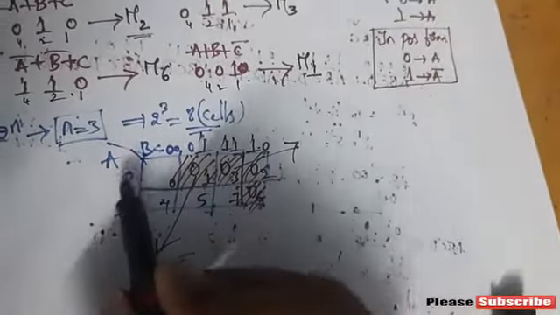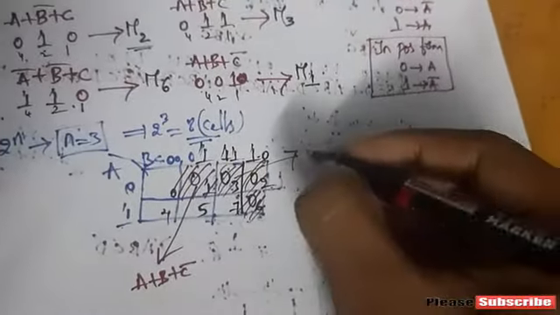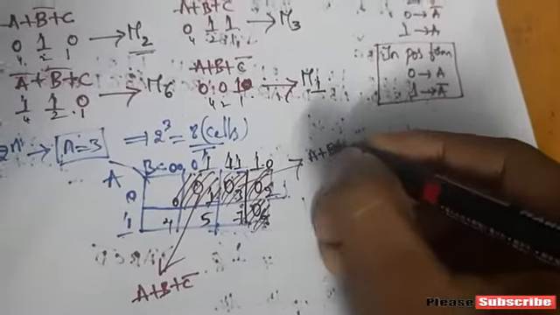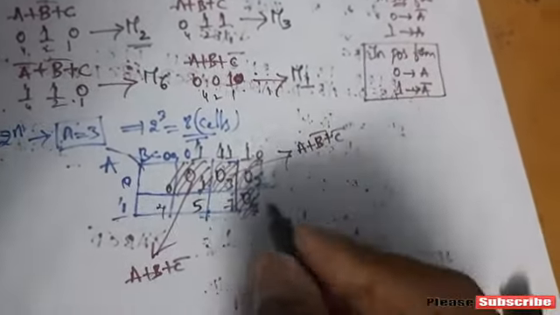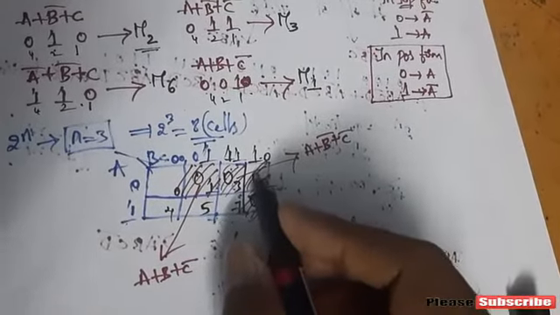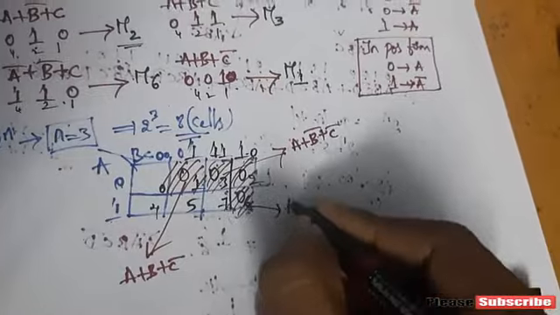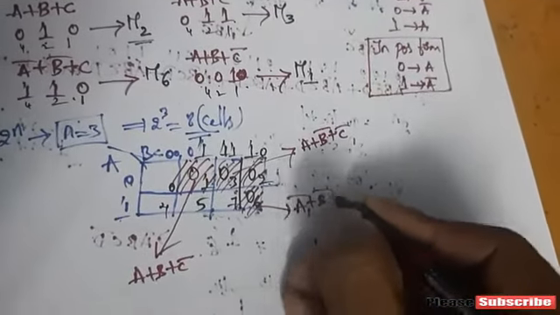This will be 0 1 1, A plus B bar plus C bar. Next, this will be 1 1 0, that means 6, right? A bar plus B bar plus C.